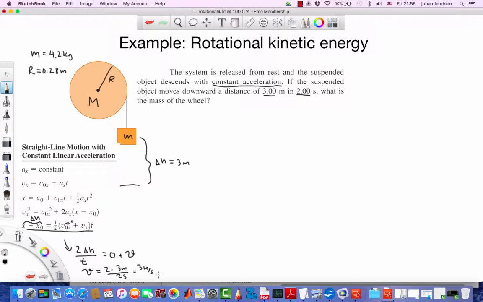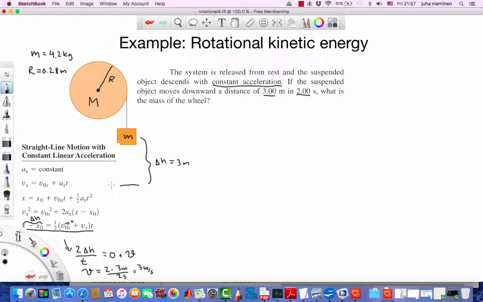And what can we do with that? We are trying to get our hands on the moment of inertia, because that's where the capital M, the mass of the wheel, resides. That leads us to the conservation of energy, and part of it is the rotational kinetic energy of the wheel.